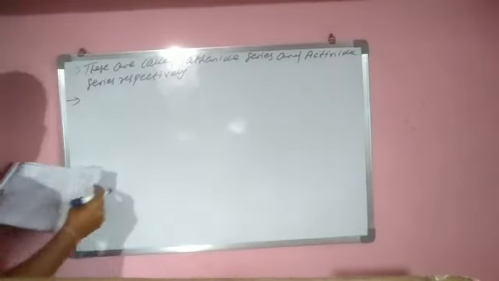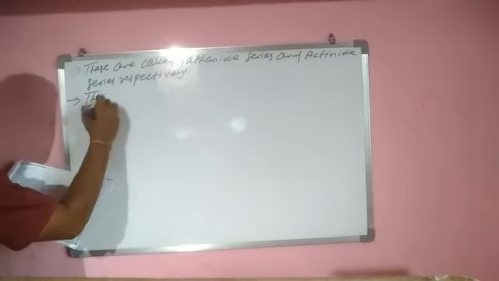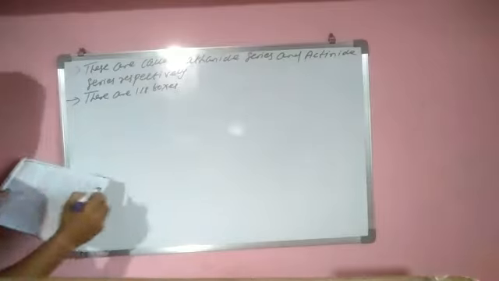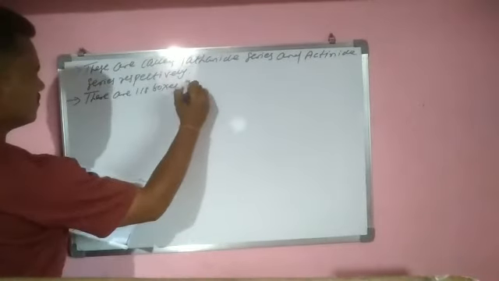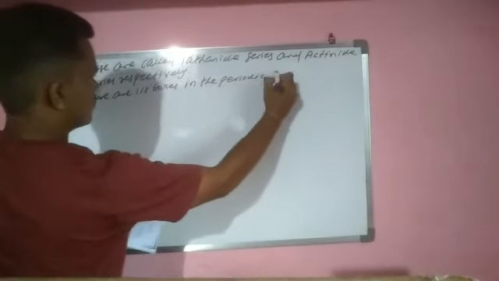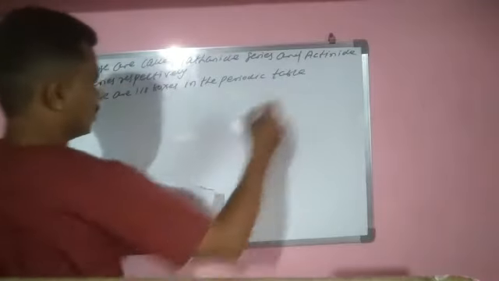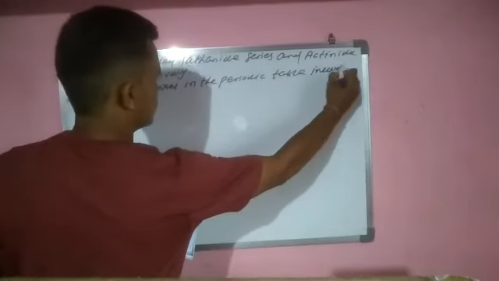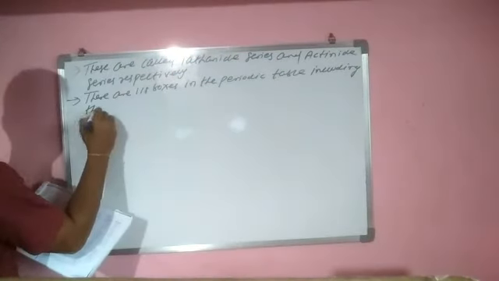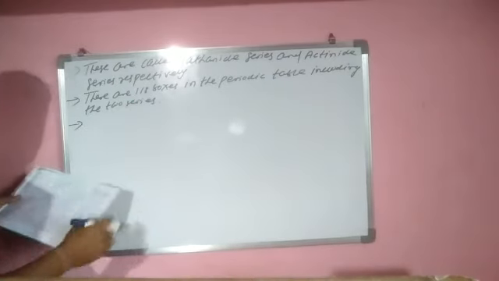Next, now see, there are 18 boxes in the periodic table, including the two series.